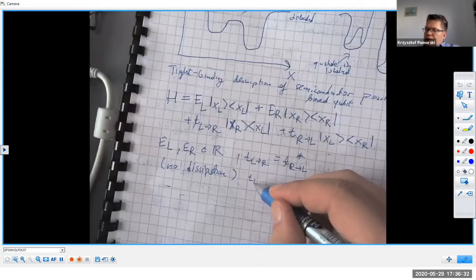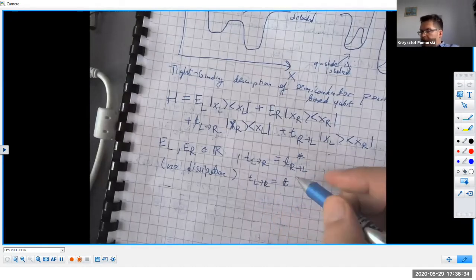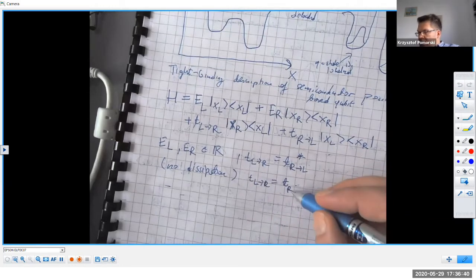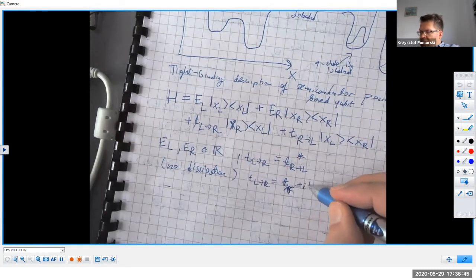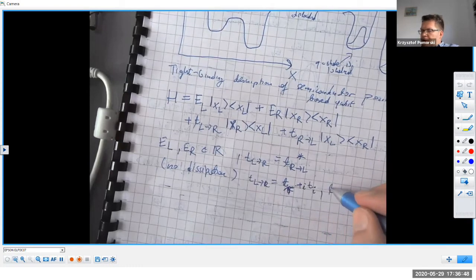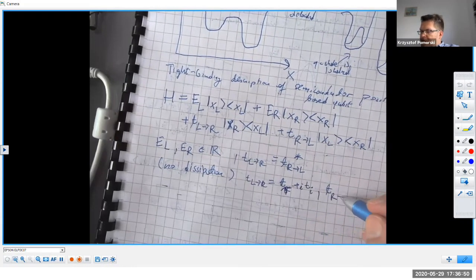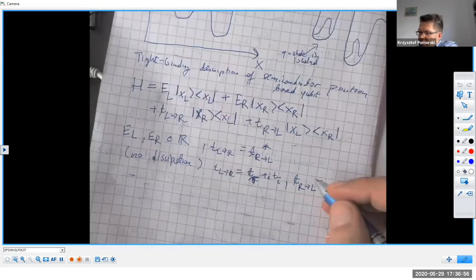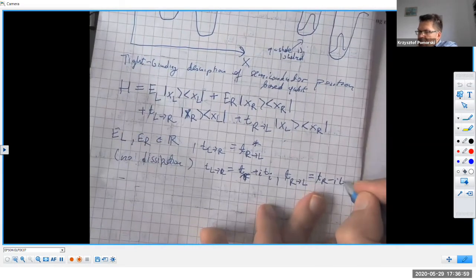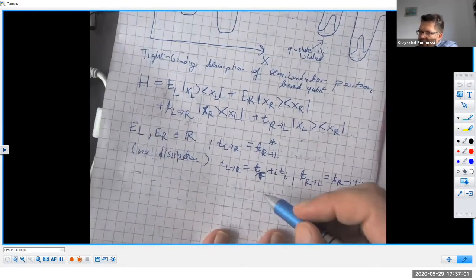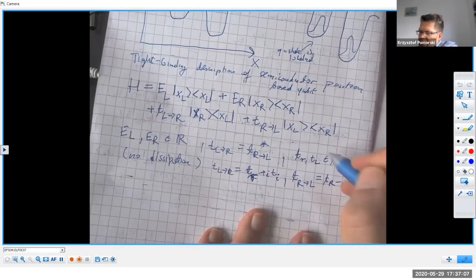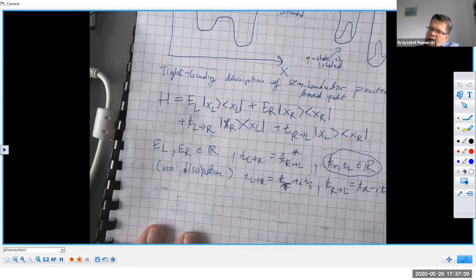It will be convenient to write R, maybe small r, imaginary part. So obviously this is nothing else as TR, and this is minus. And in such a case, TR, TL are real values. So there is no dissipation.